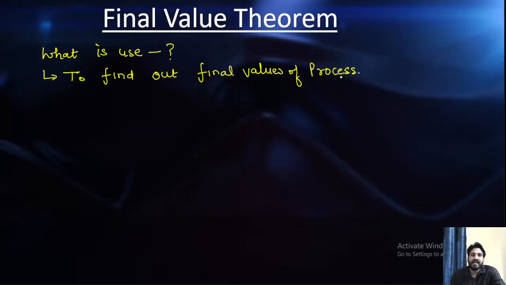Now, what does the final value theorem say? As you know, I have two domains: I have f of t, and if I take the Laplace transform of it, then I have f of s. I have the function value in the t domain, and I have the value of that function in the s domain also, right?